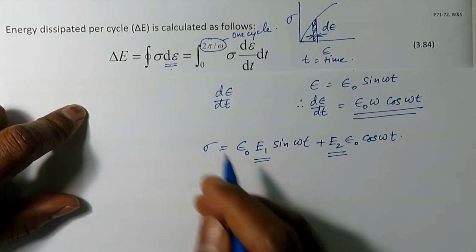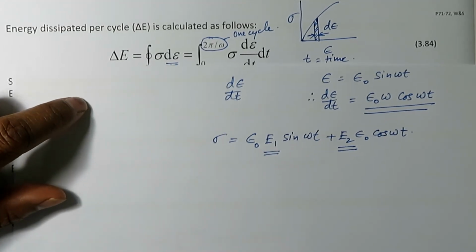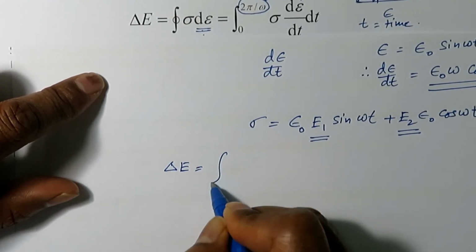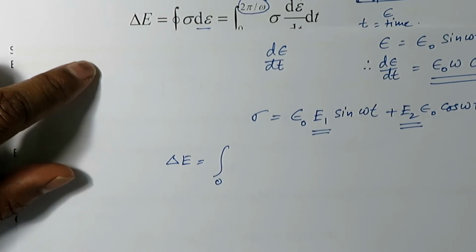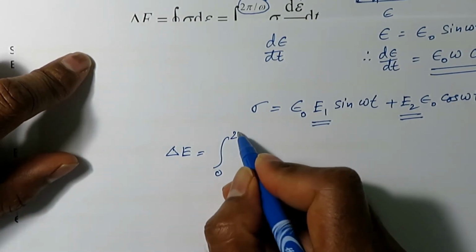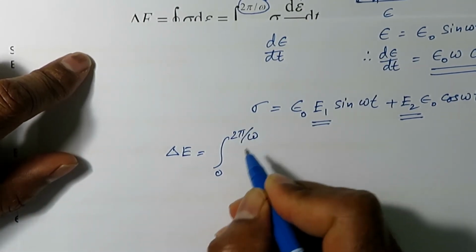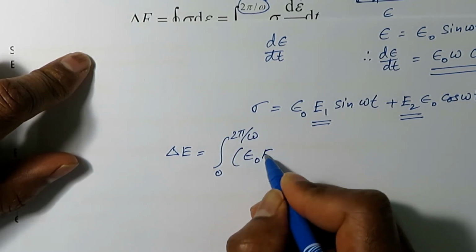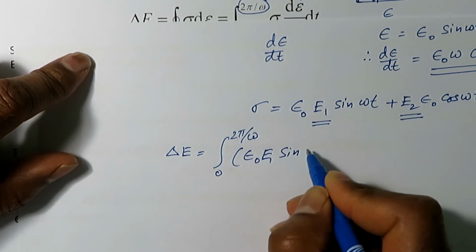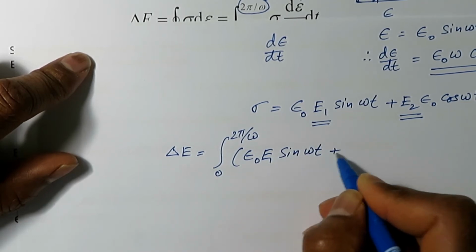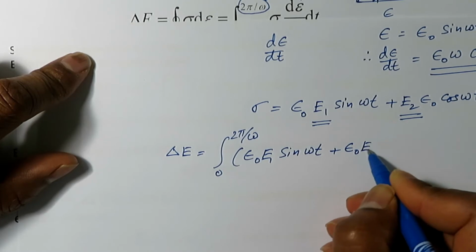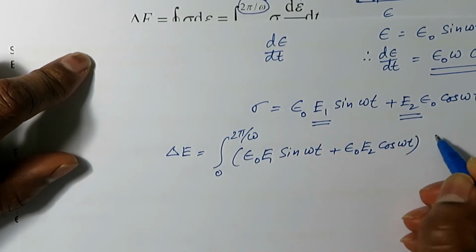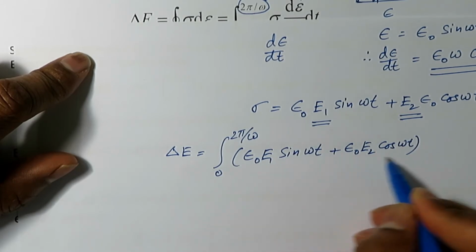We can write delta E as, so this is for sigma.